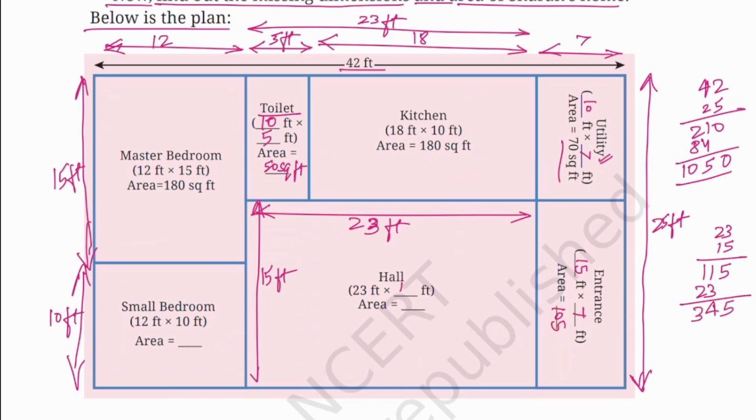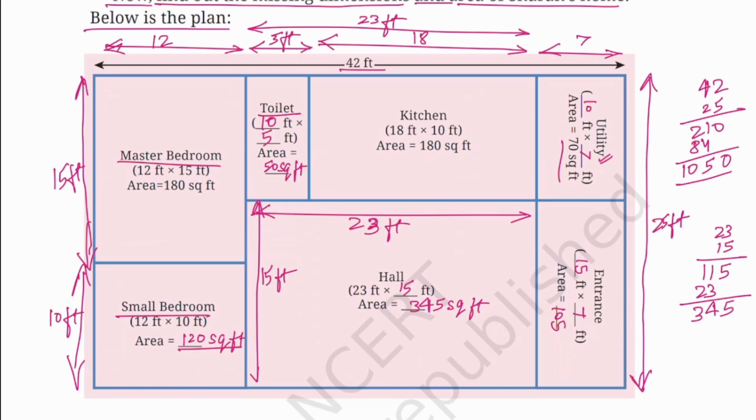The area will be 345 square feet. Similarly, here will be 120 square feet. A small bedroom will have area of 120 square feet.